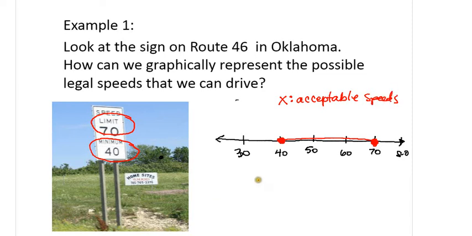So if we have x is greater than or equal to 40 miles an hour, and this is important, and x is less than or equal to 70 miles an hour, then we have a compound inequality, meaning we have two parts to our inequality. We have our acceptable speed with the minimum, it's greater than or equal to 40, and it has to be less than or equal to 70.